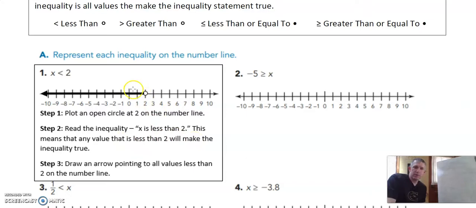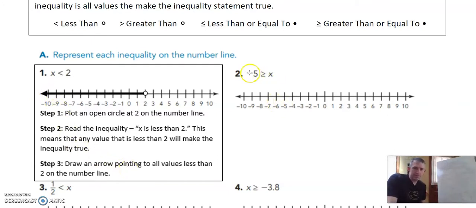So we ask ourselves, what side of 2 are all the solutions going to be found? Since x is less than 2, we find them on this side of 2, so we shade in this part. And we use an arrow because anything less than 2, negative 20, negative a million, whatever, is going to be smaller. So that arrow tells us that we are going to continue on.